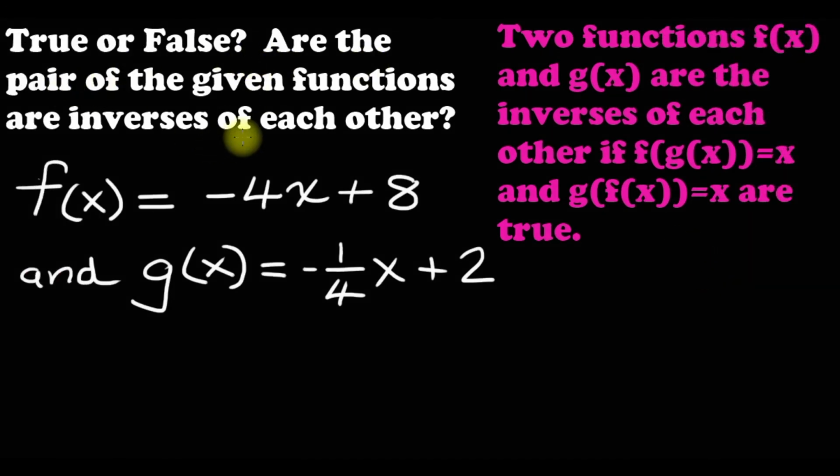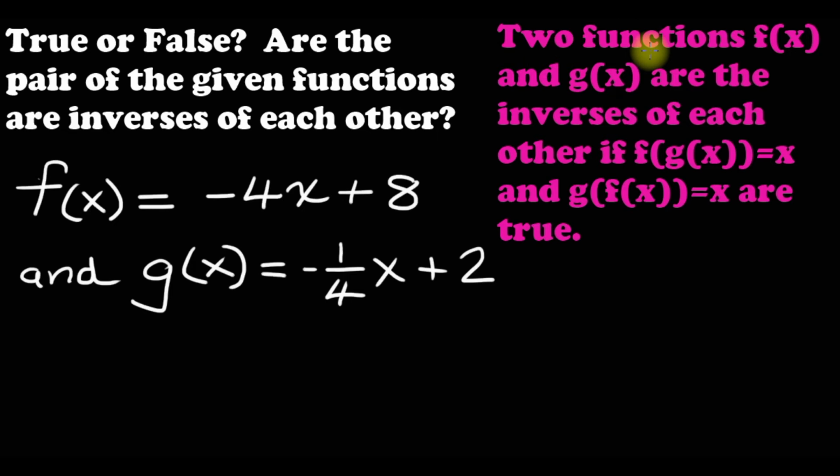The pair of the given functions are inverses of each other. So we want to show if this is true or false. Now to show if f of x is the inverse of g of x and g of x is the inverse of f of x, you got to show this.